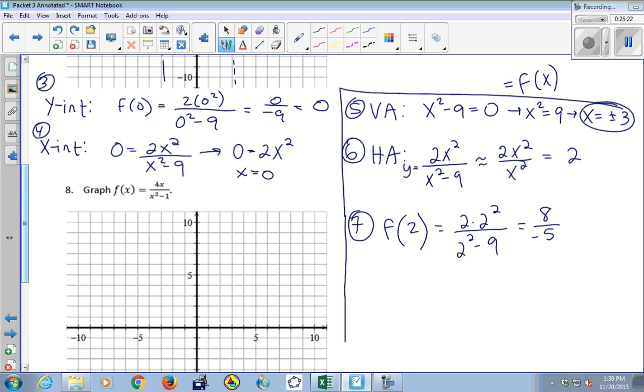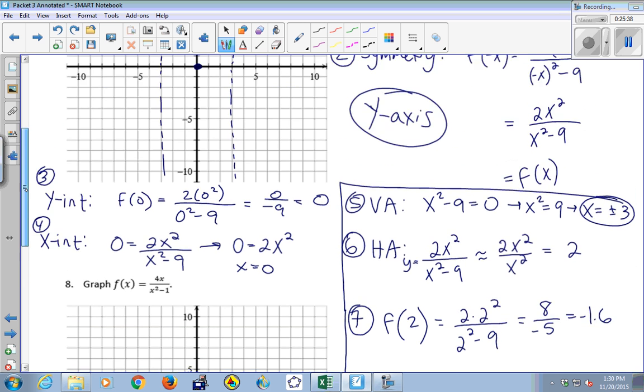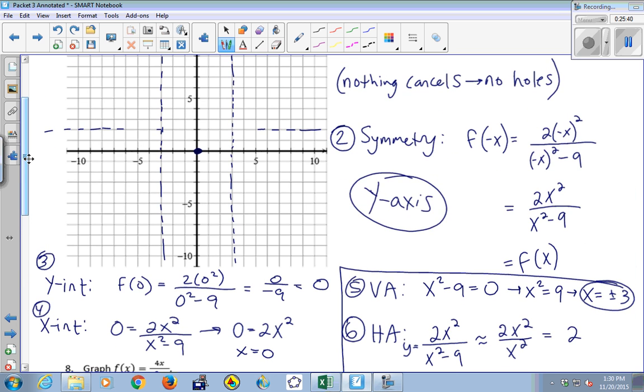Which is like -1 point something, right? -1.6. All right. So I can plot the point 2 comma -1.6. It's about right there. And now I know everything that happens between 0 and 3, because I now know my graph is heading down, and it has to approach my asymptote, so it's got to do this.